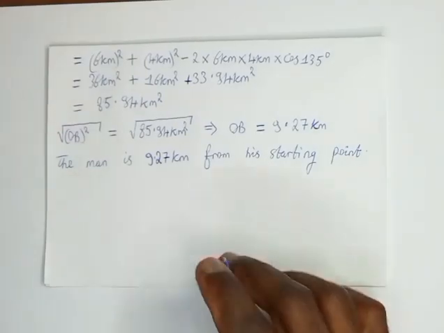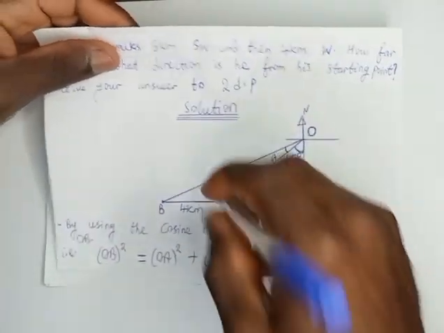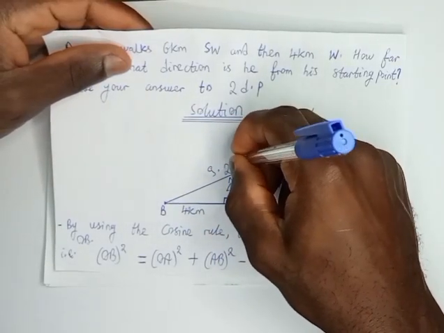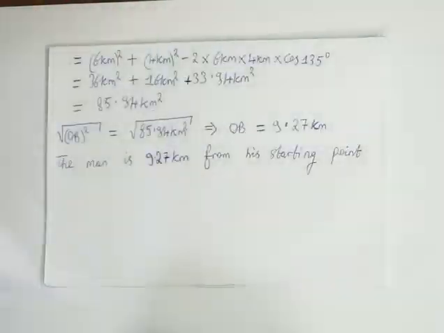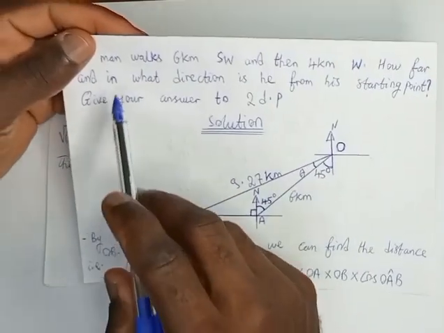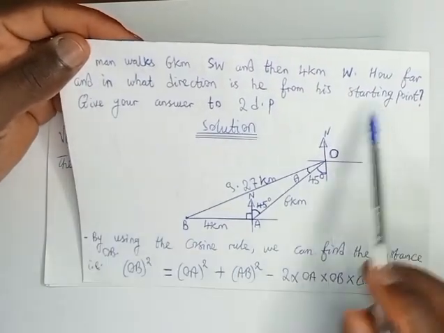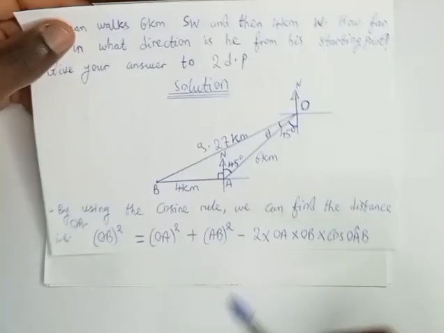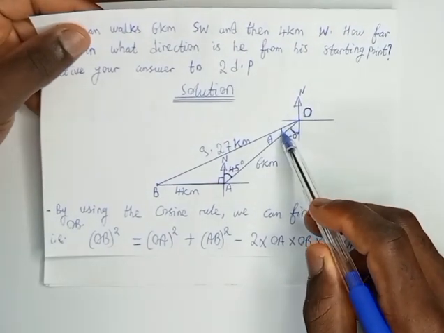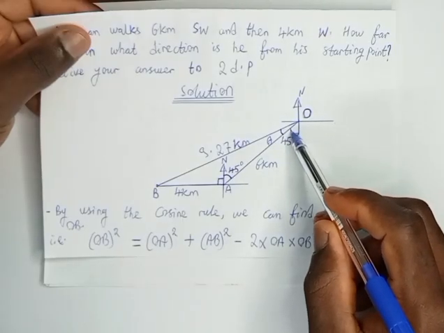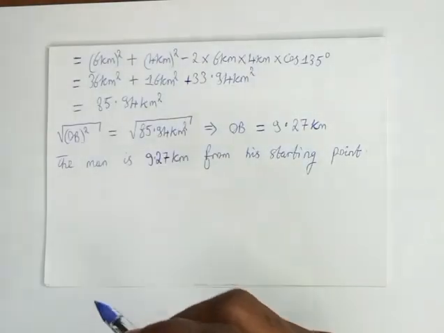The starting point, which is O. That means from here to here it is 9.27 kilometers. Next part of the question, we have to find the direction of the man from his starting point. To get the direction of the man from his starting point, we need this angle theta. To get the direction, we are simply going to take 45 degrees plus theta.